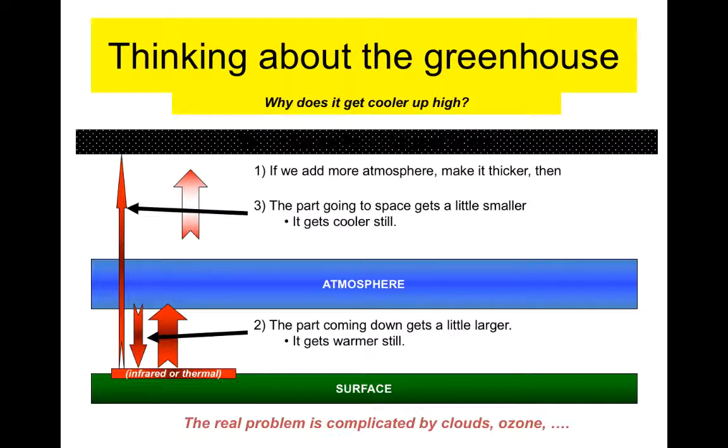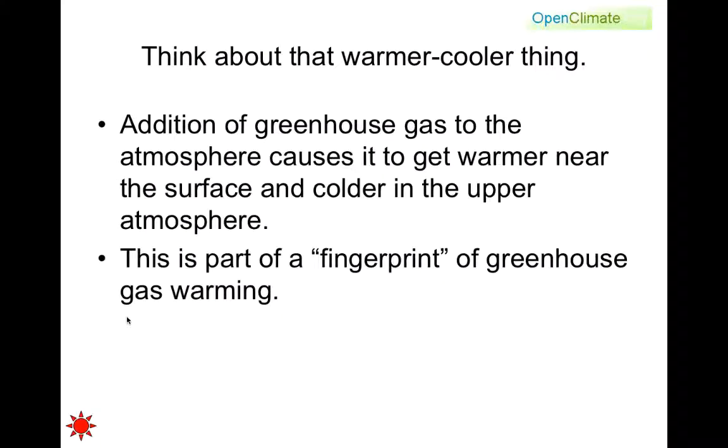It'll become warmer at the surface, it'll become cooler up high. So the addition of greenhouse gases to the atmosphere causes this warming near the surface and colder in the upper atmosphere, and this is part of a fingerprint of greenhouse gas warming.